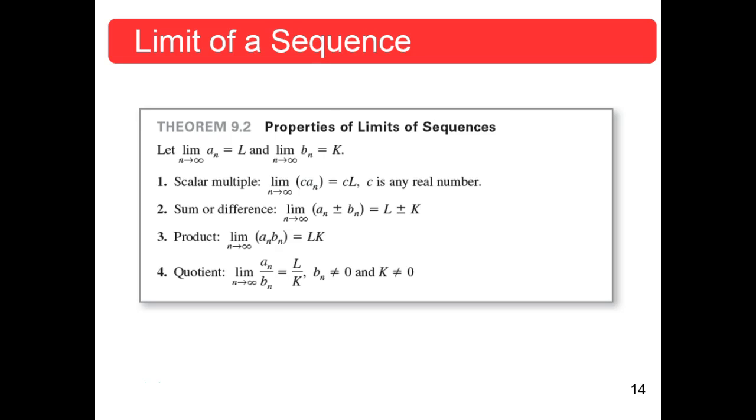You say, okay, that makes sense. The quotient: the limit as n approaches infinity of a sub n divided by b sub n is L over K, as long as your b sub n is never 0 and your K is not equal to 0. That would rule out the quotient. But all the others would be just what you would expect.